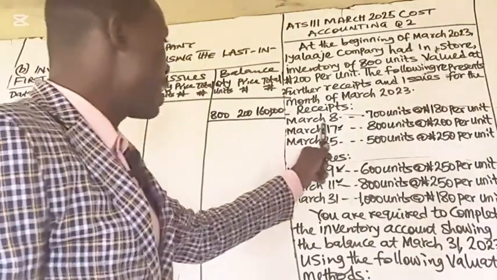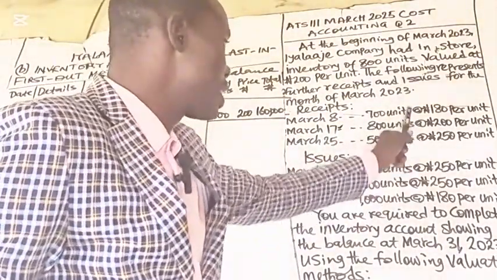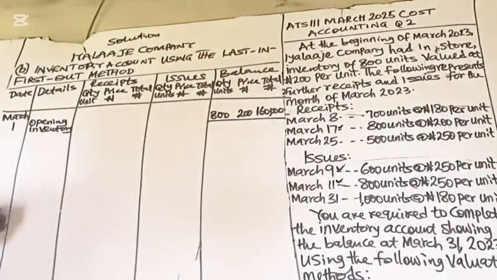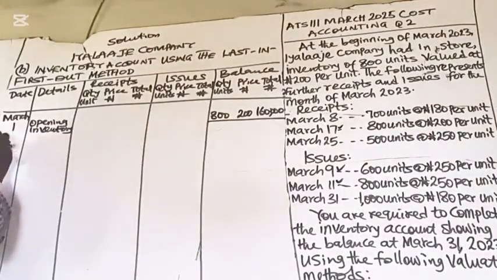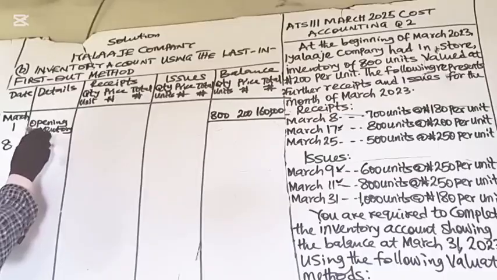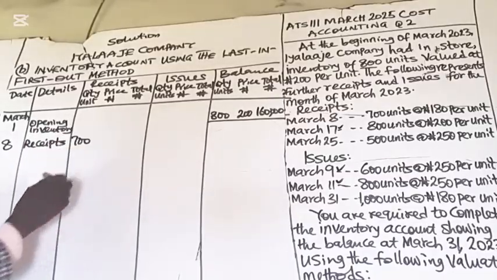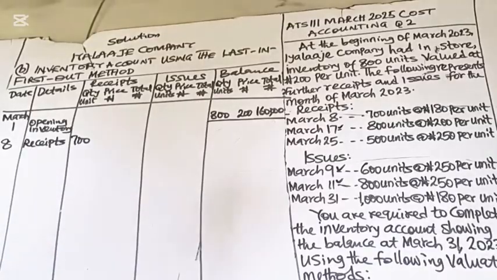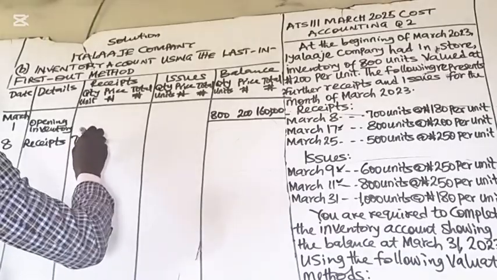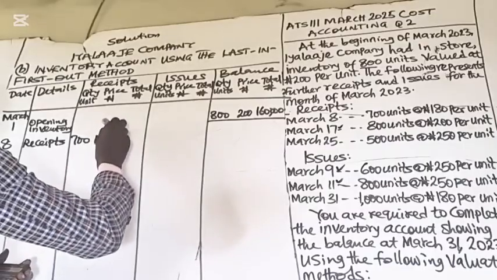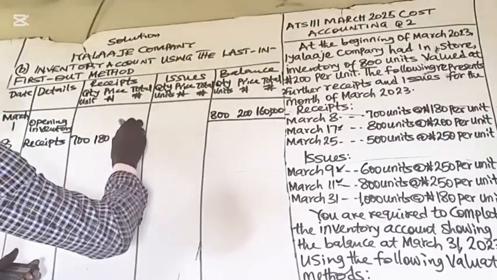On the 8th of March, 700 units were received at the price of 180 naira per unit. Receipts of 700 units at the price of 180 naira per unit, and that amounted to 700 times 180, which gives us 126,000.